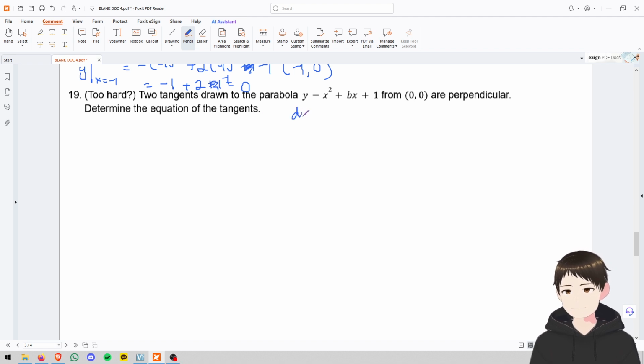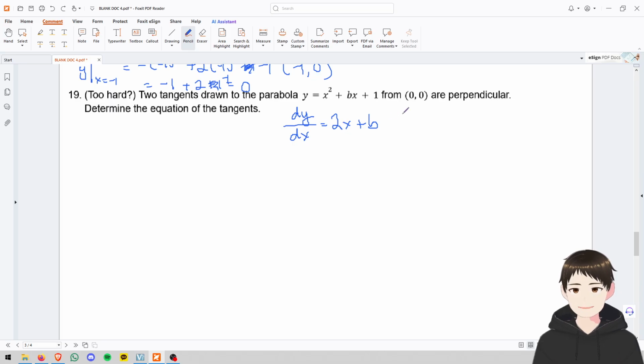First off, dy over dx is equal to 2x plus b. The slope given here is going to be, whatever that might be, the two tangents are going to be negative reciprocals of each other. Now, if you remember one of the questions we've done where we are finding a tangent that crosses a point not on the curve, we had to pretend there was a fake tangential point.